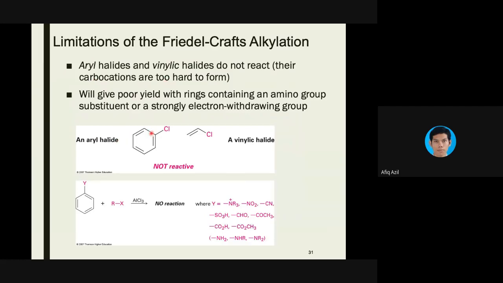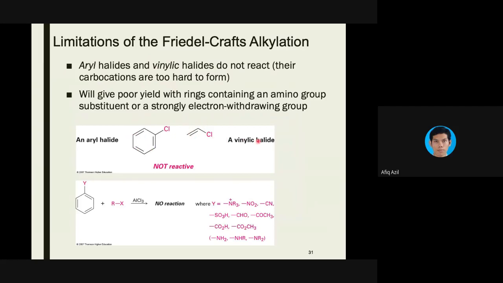First, what is an aryl halide? So this one, and this is a vinylic halide. Vinyl involves CH2 double bond CH, this one, CHCl. These two are very hard to form carbocations. For example, this one contains a benzene ring, and the benzene ring doesn't easily form a carbocation because it is very electron rich.